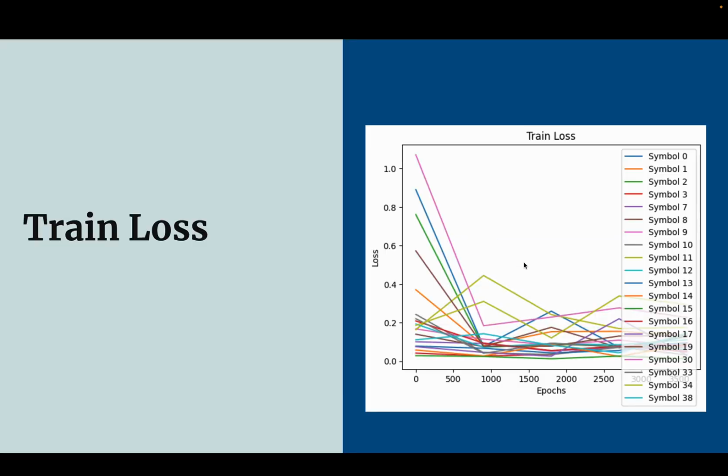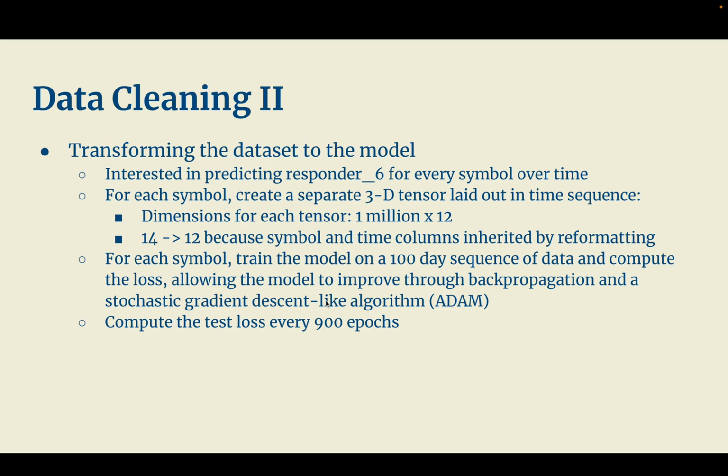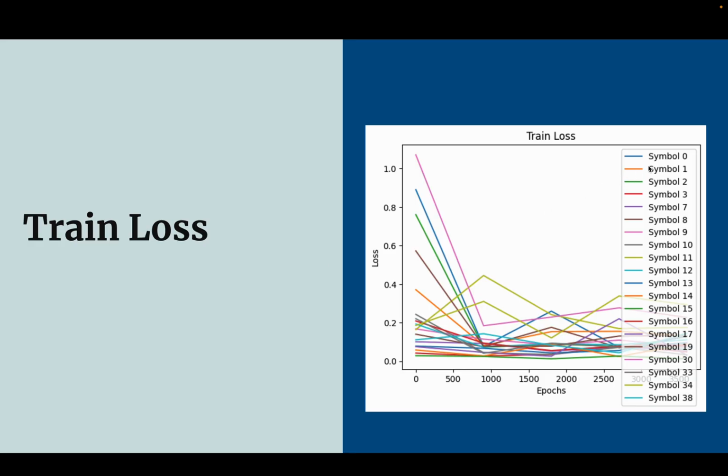So you can see here that for all of these symbols, you can see how the training improved. And I'll go back to explain a little more. Importantly, for each symbol, I would train the model. In the next slide, you can see I trained on all of these.